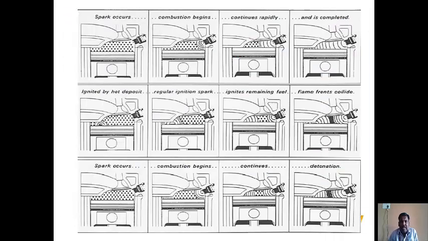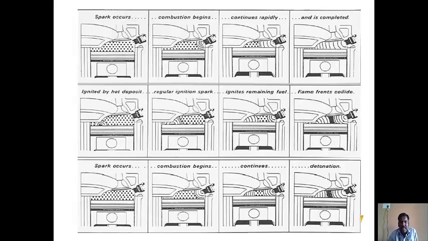Look at this slide. In the first one, a spark occurs at the spark plug and combustion begins, generating the flame. The flame continues rapidly and completes. There is no auto ignition of the end gas. This is a normal combustion process. And look at the second one.